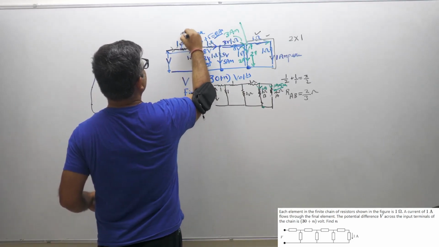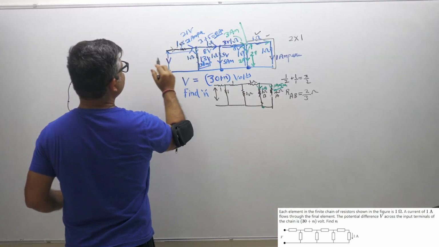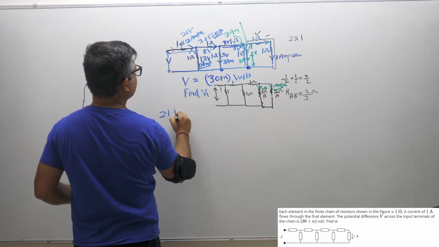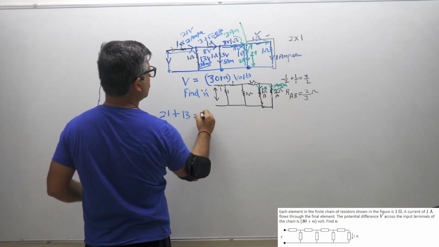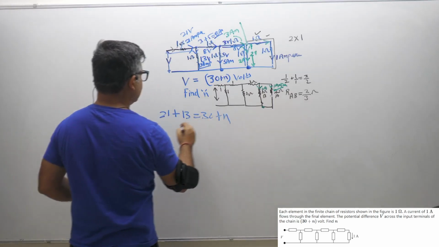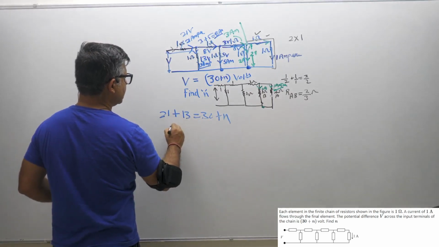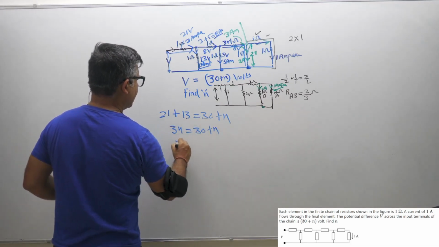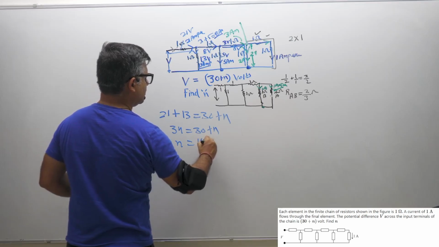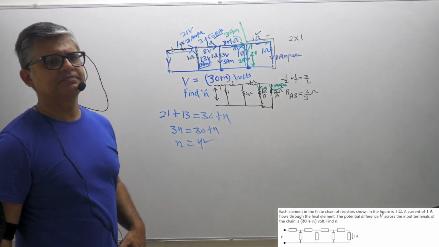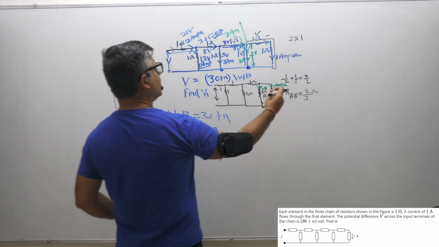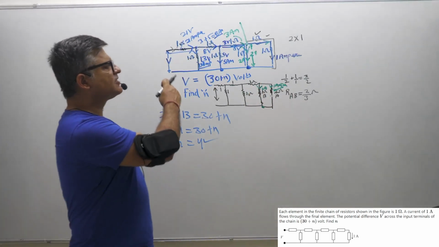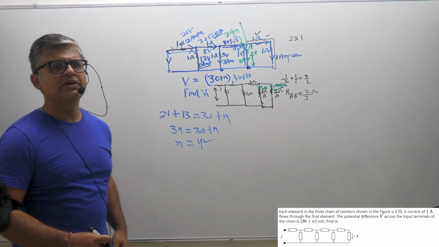It is 21 volts. So the total potential drop is 21 plus 13 is equal to 30 plus n, and therefore 34 is equal to 30 plus n, and n is equal to 4. 4 is your answer. I could also have done it as a parallel series circuit and we would have got the answer, but I think this was a more elegant approach to solve the question.